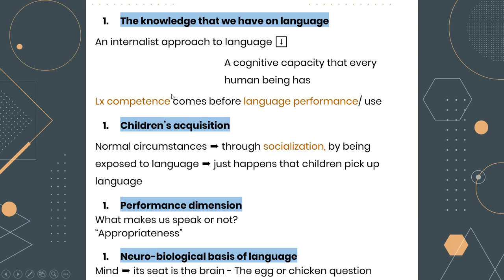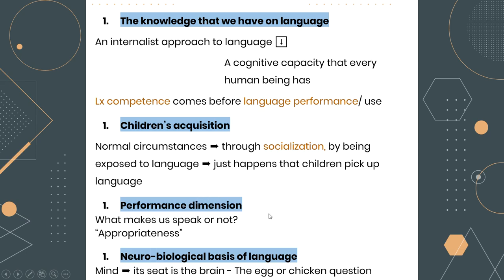So this knowledge of a language is prior to putting the language to use. That when it comes to children's acquisition of a language under normal circumstances, it happens through socialization, through children being exposed to the language. And it just so happens that children all over the world are able to pick up their language, the language that they were born into, that they are surrounded by.